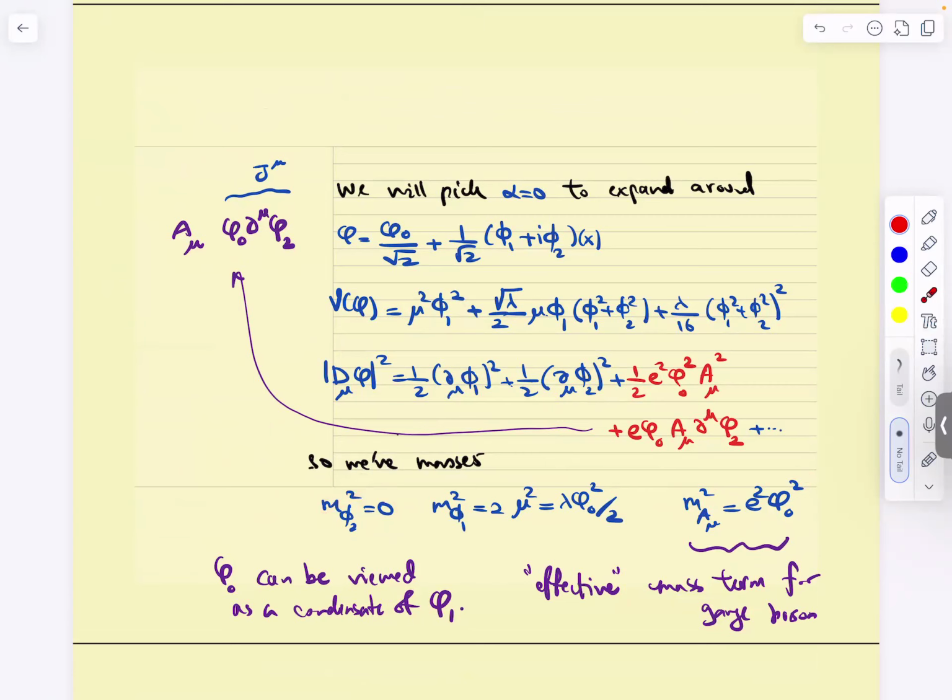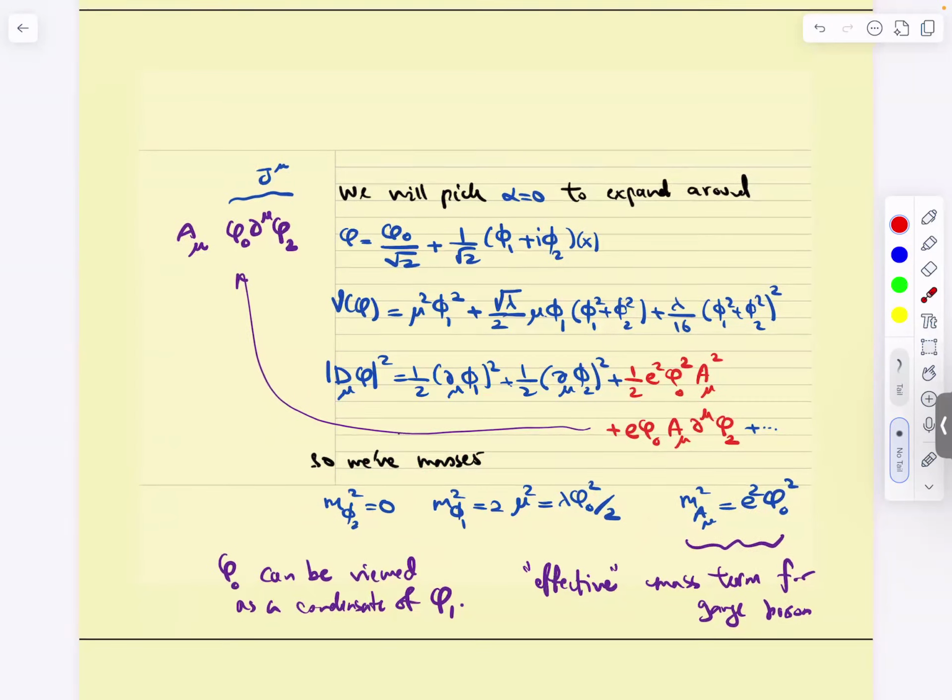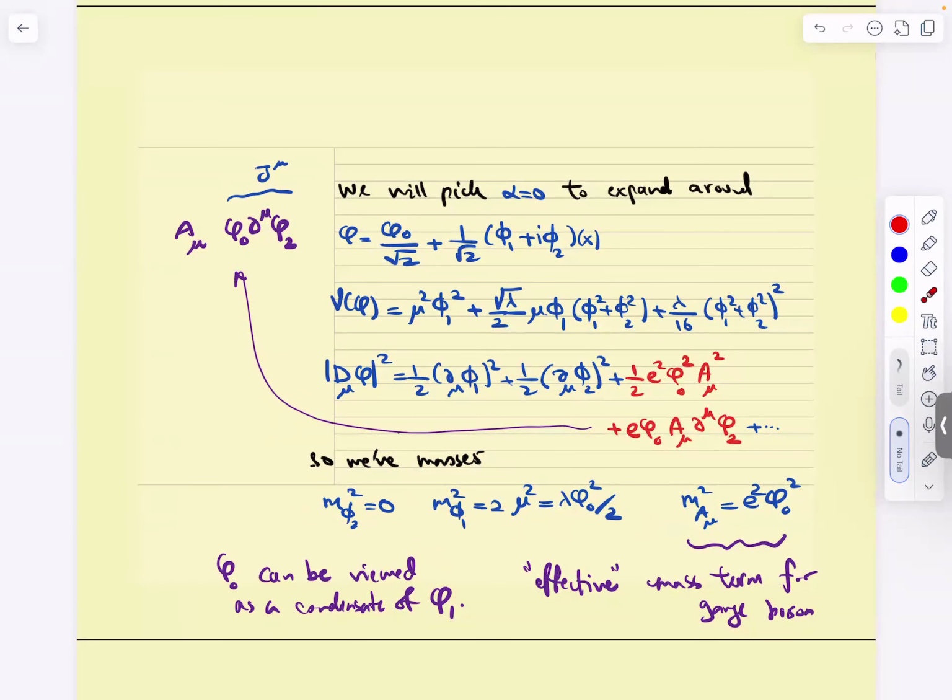The phi 2 mode ends up being massless. If you take this literally and don't ignore the fact that this is a gauge theory, imagine that the A mu's are all physical, and then this would be your Goldstone boson. And this is the mass term for phi 1. There will be a mass matrix, there will be zeros, right? I repeat, phi 0 is a condensate of phi 1. This field ends up being massive, and this plays the role of the gauge boson.